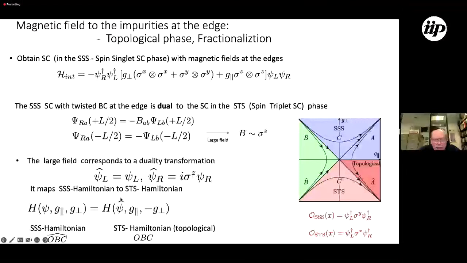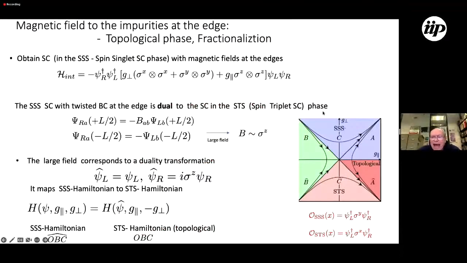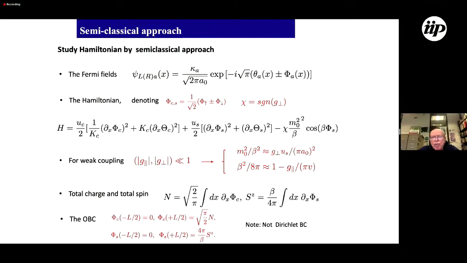And that maps the spin singlet Hamiltonian on this line to a spin triplet Hamiltonian on this line, because it's equivalent to mapping G perp to minus G perp, going from here to here. And as a result, we claim that at the edge of the superconductor, we'll have fractionalization and spin quarters would appear.